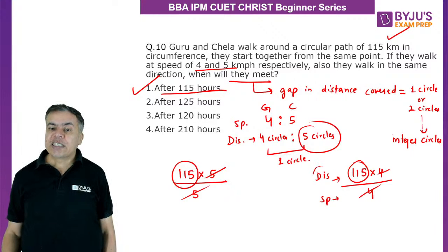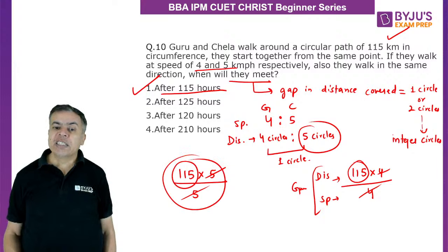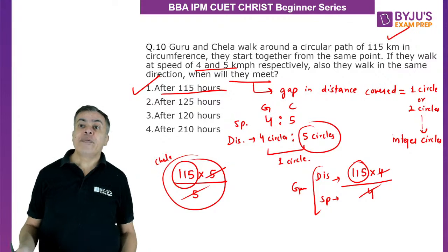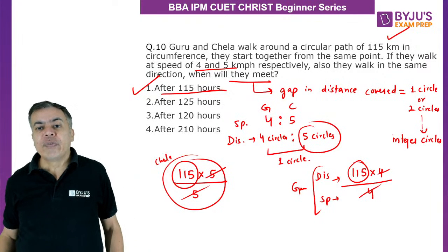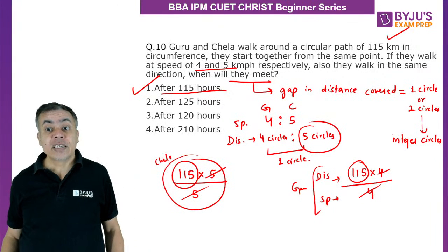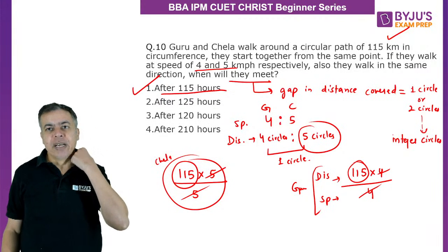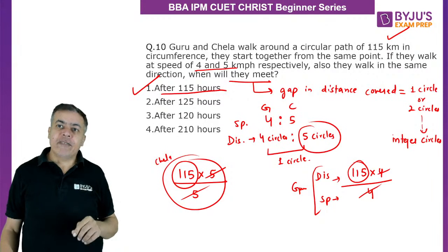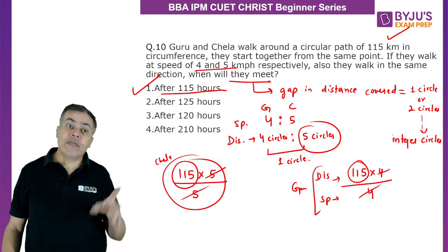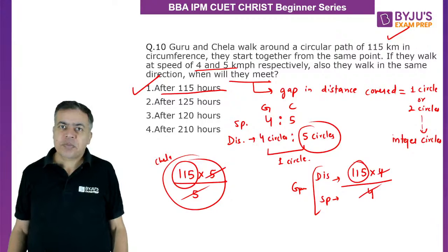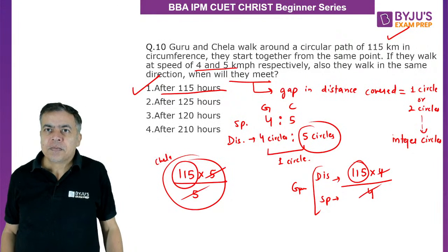So this is distance and speed of Guru and this is distance and speed of Chela. But both ways it will be 115 hours. After 115 hours they will meet at the starting point only, because they will complete the circle. So their first meeting will happen at the starting point after 115 hours.